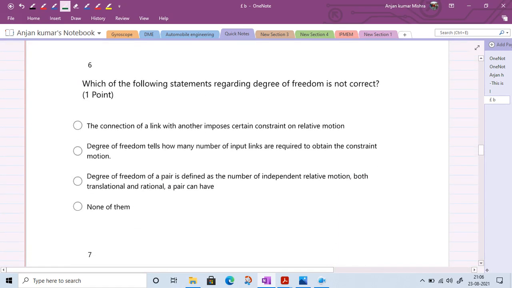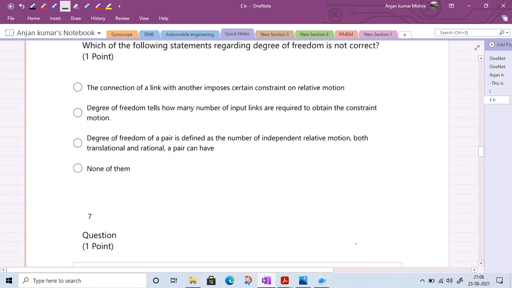Now, which of the following statements regarding degree of freedom is not correct? Option 1 says the connection of a link with another imposes certain constraint on relative motion. That is correct. Whenever a joint is produced, the degrees of freedom get restricted.